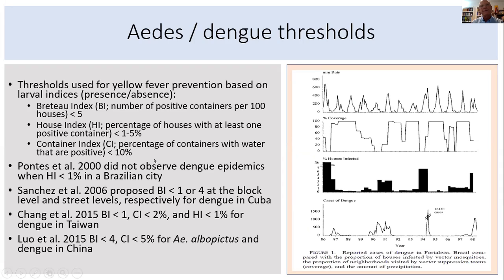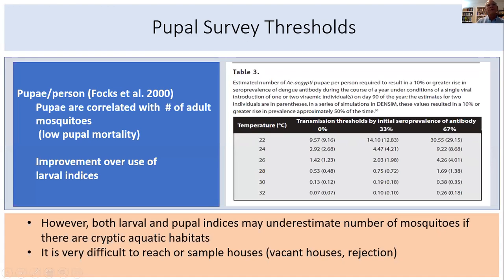Now, the problem with immature indices is that, as I mentioned at the beginning, there are many cryptic aquatic habitats today that may lead to an underestimation of the real prevalence of Aedes aegypti. Now, Dr. Dana Fox also developed some models for pupa thresholds.